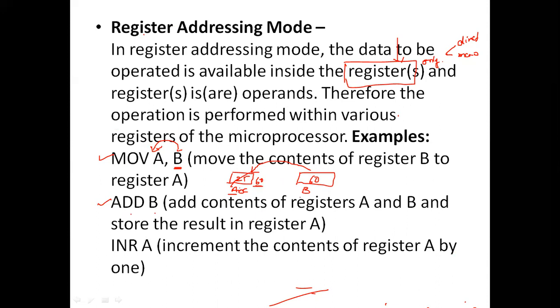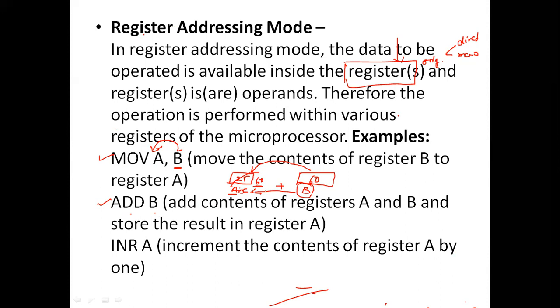ADD B means, suppose B has 60 and the accumulator also has 60. This B register is going to be added with the A register. Why do we take only A?